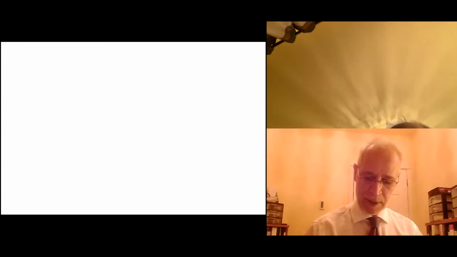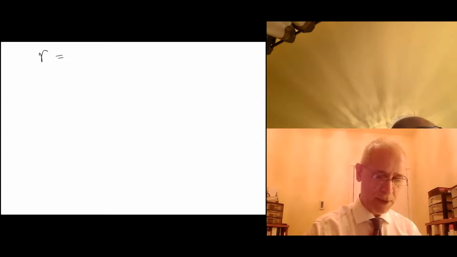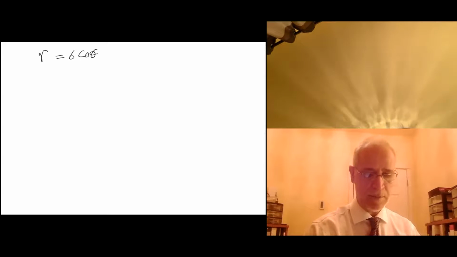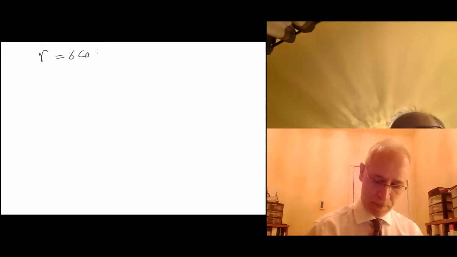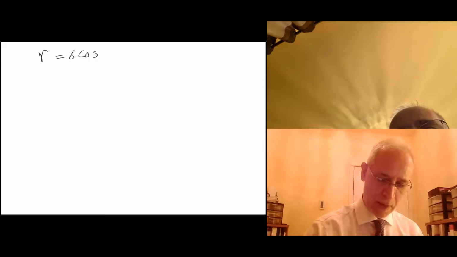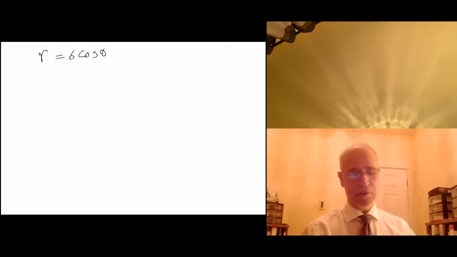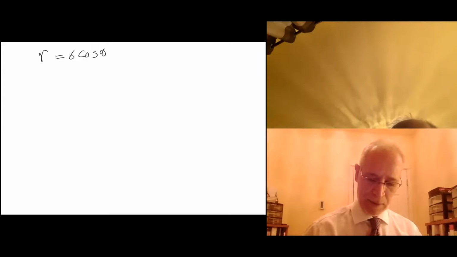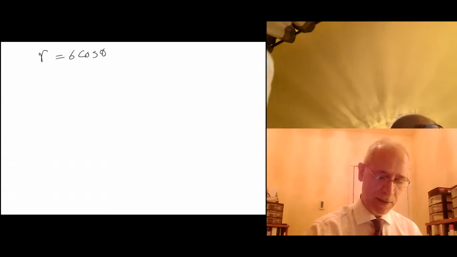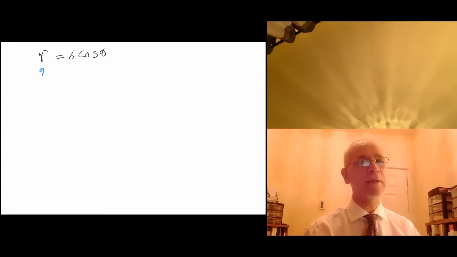Suppose I have something as simple as r equals 6 cosine of theta. It would make my life easier if I had r squared in here.